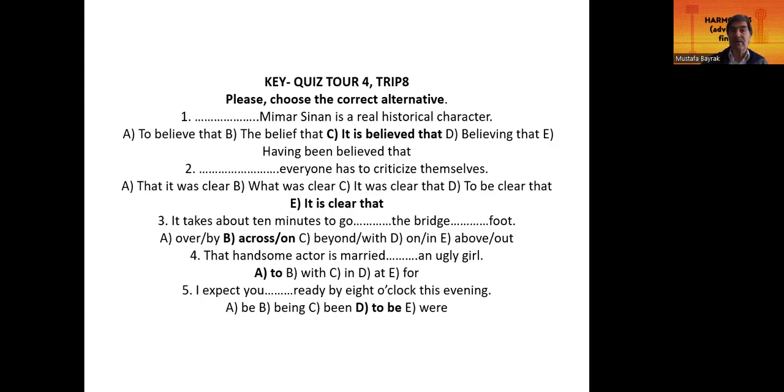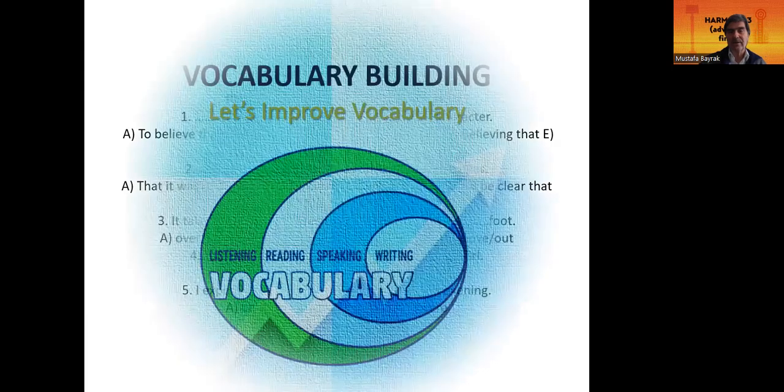Yes. Expect somebody to do something. Yes. So passive. So adjective. I expect you to be ready. To be ready. Okay. For example, I expect you to come early. To be ready, I expect you to have lunch with us together. We do have again.